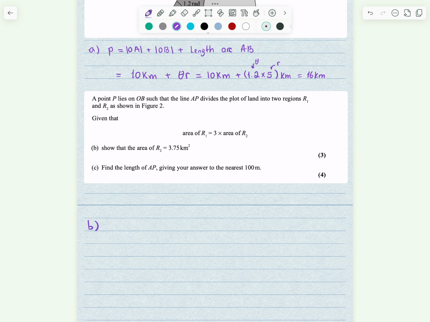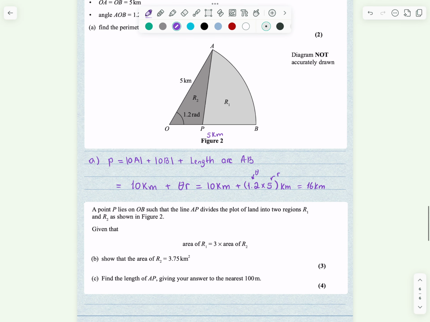Okay, if I want to do that, I'm basically going to find the total area, because a ratio is given here, so the parts are going to add up to the total area. There's no other way to do that as far as I know.